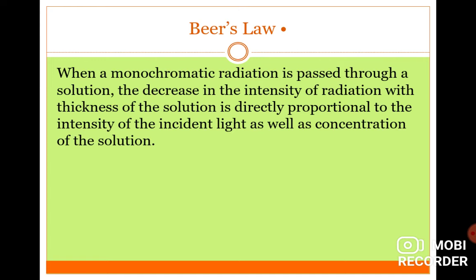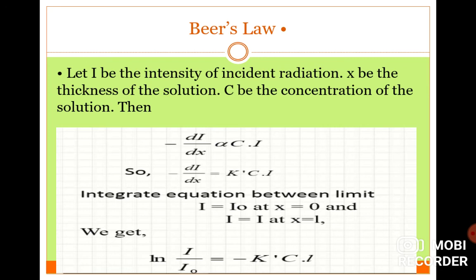In Lambert law, it is only directly proportional to the intensity of incident light, but in Beer's law, it is proportional to the incident light as well as the concentration of the solution. The derivation of Beer's law is the same as Lambert law, but here concentration is also directly proportional.